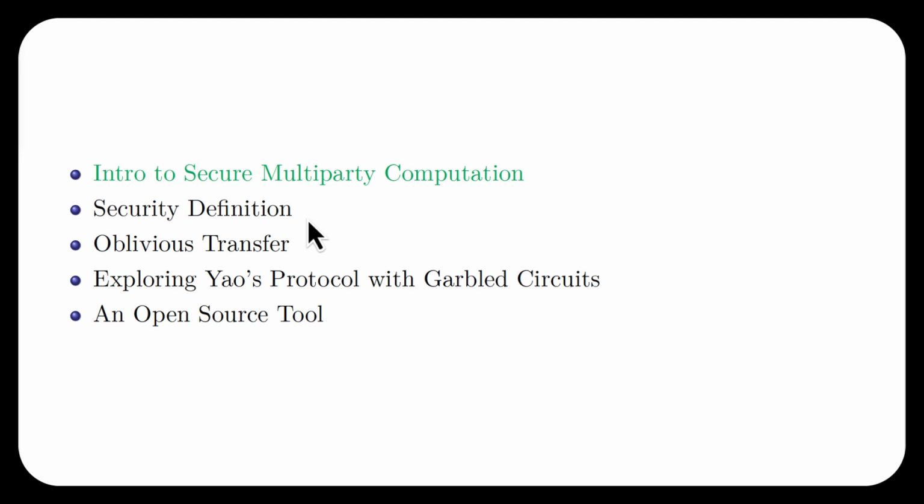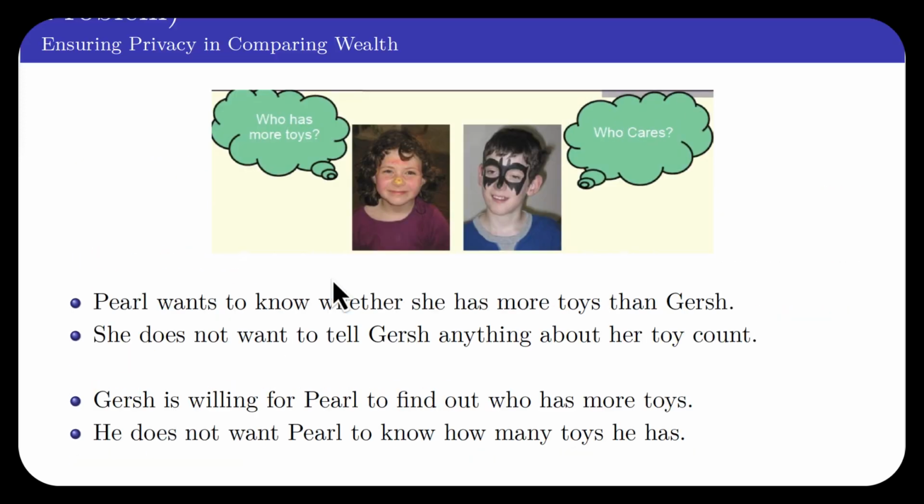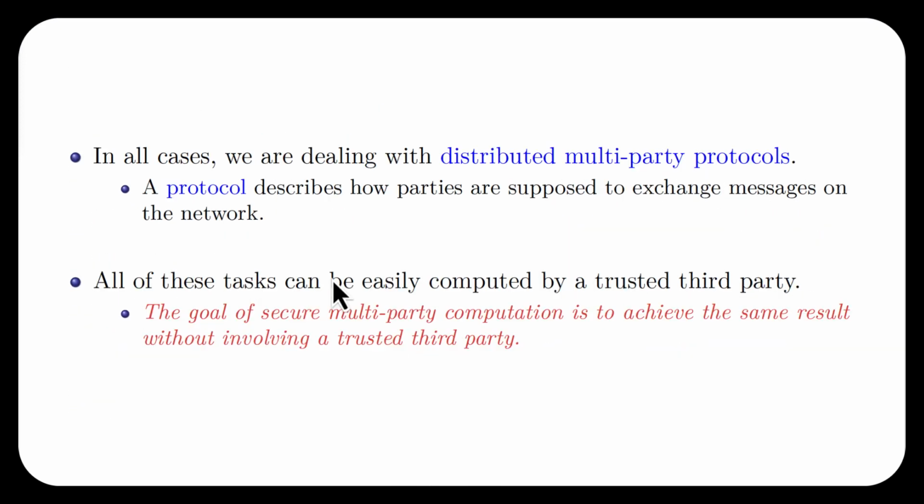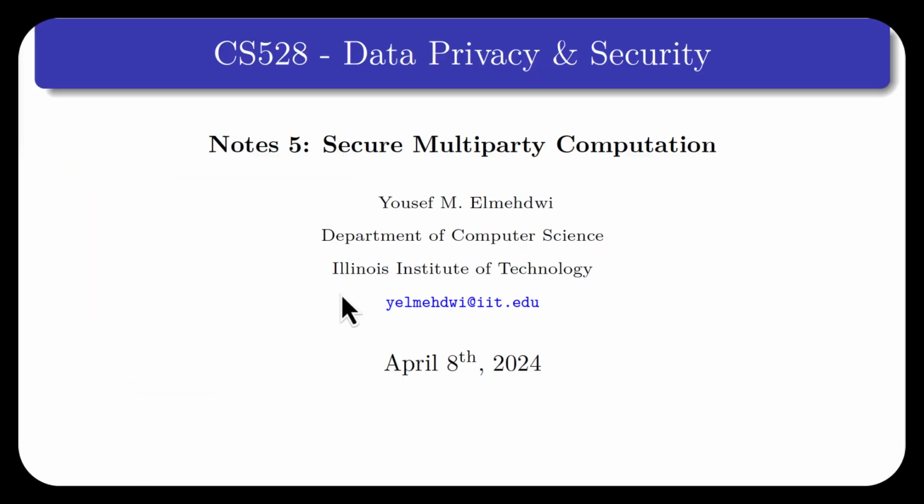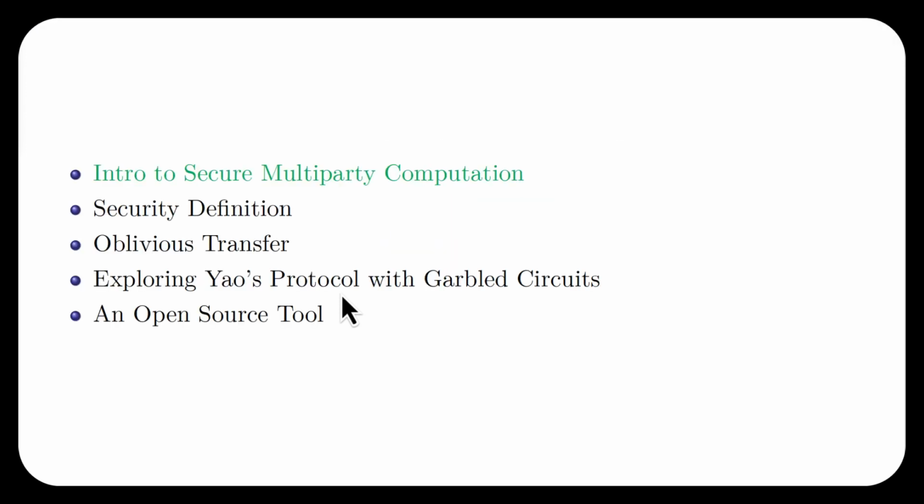We're going to see the purpose of using secure multi-party computation. How can you perform that? How can you achieve that? Then we'll look at some examples, some practical tools using secure multi-party computation.